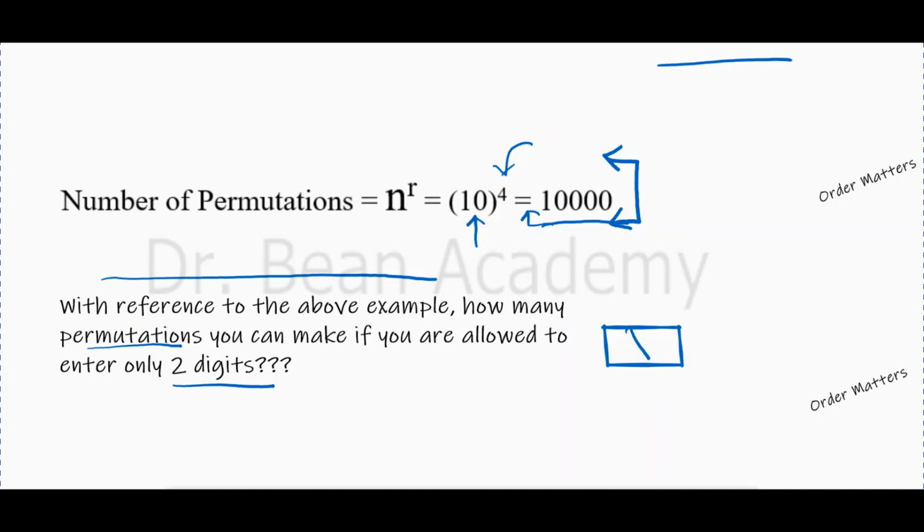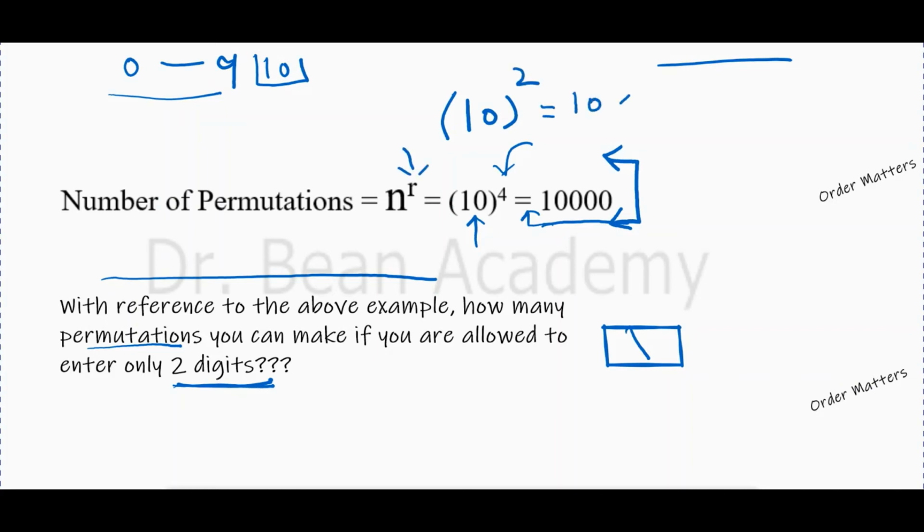It's easy now, right? Because n remains the same. You have the choices from 0 to 9. These are a total of 10 digits available to you and you can pick any one of them at any time. So n remains 10, but now the limit is that the size of the code is 2 digits. It means the size of the permutation, or r, is 2.